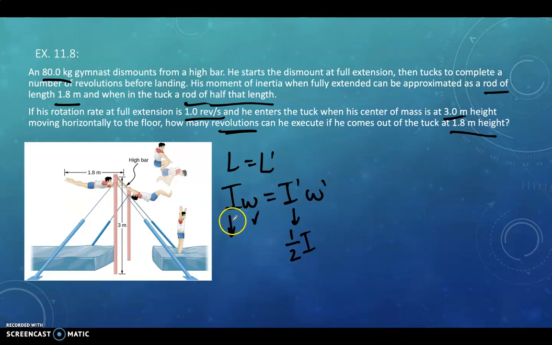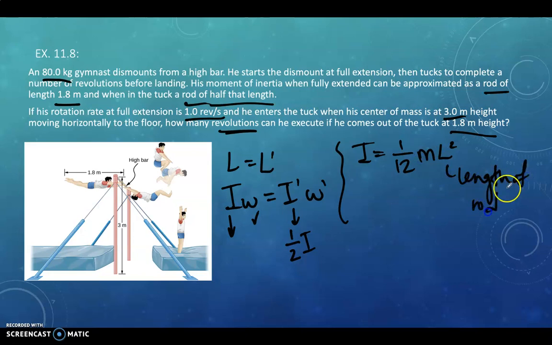So the inertia for a rod is 1/12 mL squared, where L is the length of the rod, not to be confused with the angular momentum over here. So what I had stated before, it's 1/2 the length of the rod, not 1/2 of I prime here.